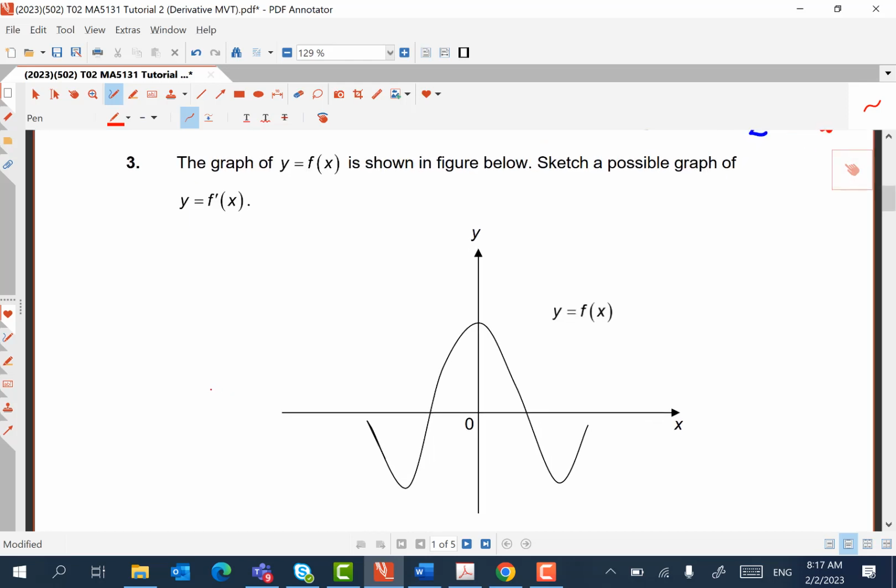Okay, for the next question, to sketch a possible graph of f prime x, I would like to invite James. Again, is it? He did this graph, something similar. Oh, he did the x log x. Okay, let's spare him then. James, spare you because I did this book up for you.